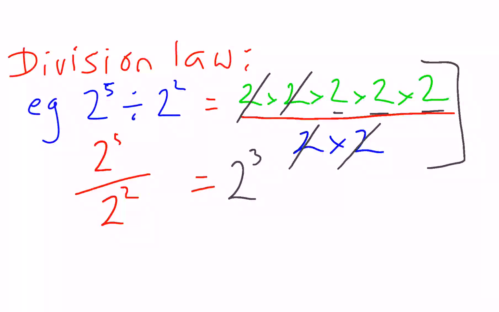When they said 2 to the power of 5 divided by 2 squared, we got our answer by subtracting the indices. 5 minus 2 is 3.